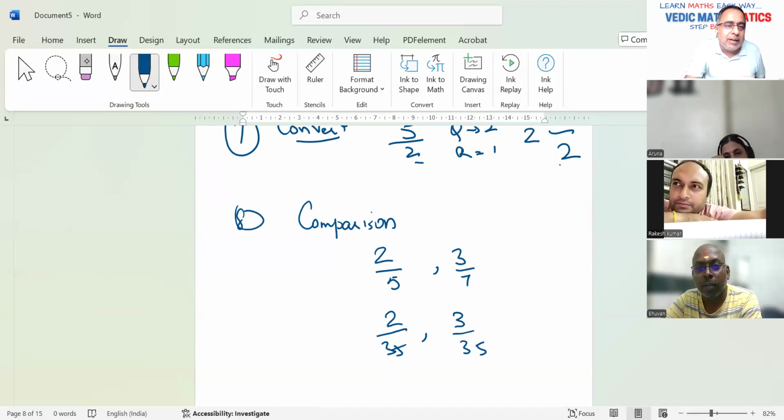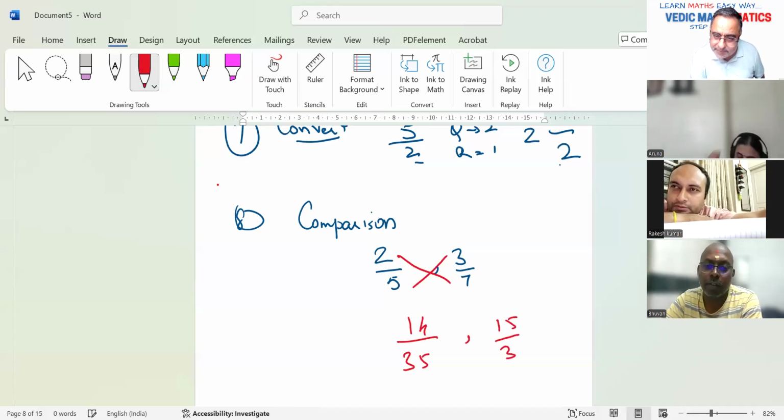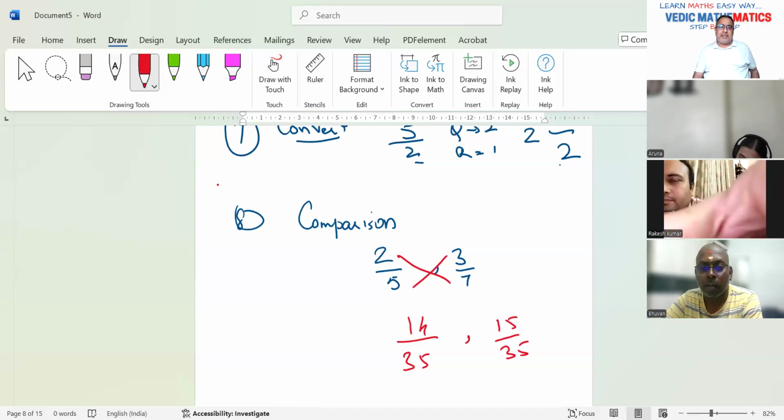उसकी बजाय simple definition रख लो ना. Why not this? और नीचे ये. क्रॉस multiply कर दीजिए numerator के लिए. तो now which is bigger? 15/35.